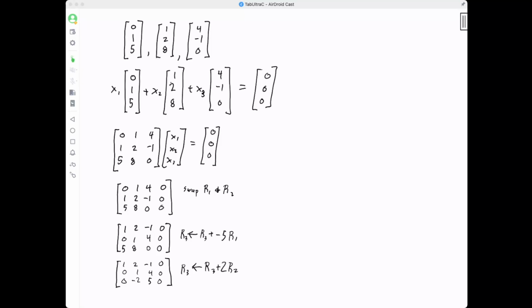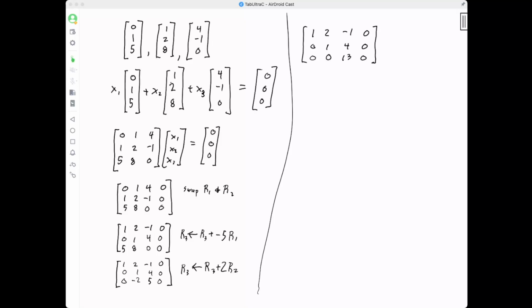Rows 1 and 2 stay the same, and row 3 becomes 0, 0, 13, 0.